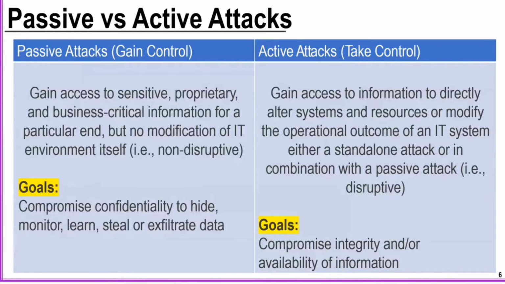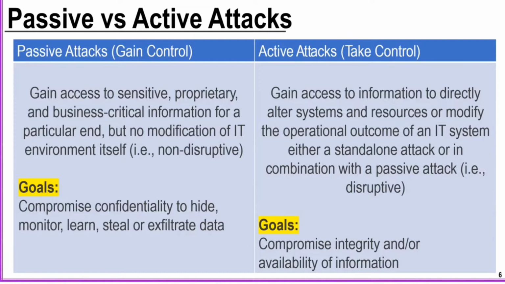Cyber attacks are divided into two main categories. One is called passive attacks, and the second category is called active attacks. The goal of the passive attacks is to compromise confidentiality, to hide, monitor, learn, steal, or exfiltrate the data.